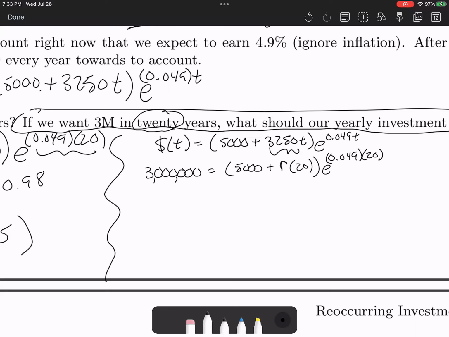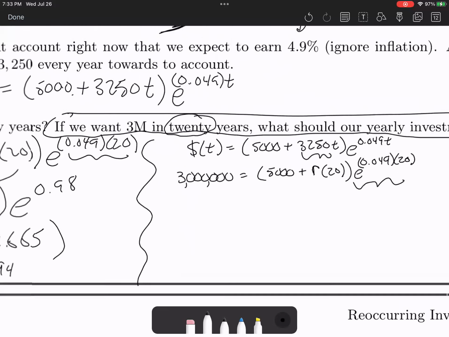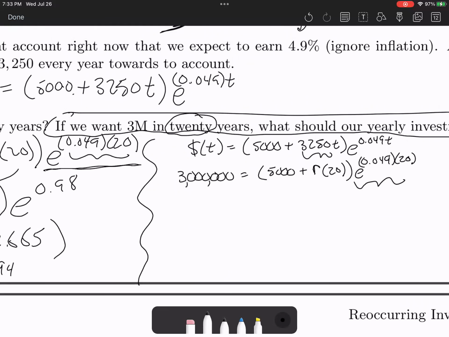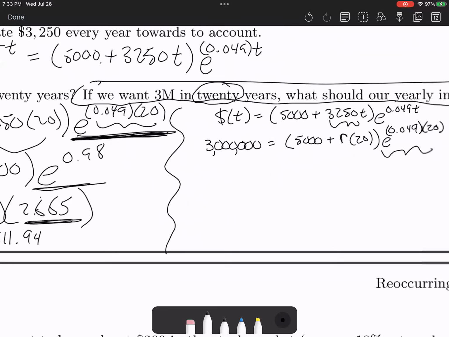Okay, so we can take this relationship and figure out what R has to be. So if we do this, let's figure out what this is first. In fact, I think we already know that. Yeah, we did that over here, right? e to the 0.049 times 20 gave us 2.665.